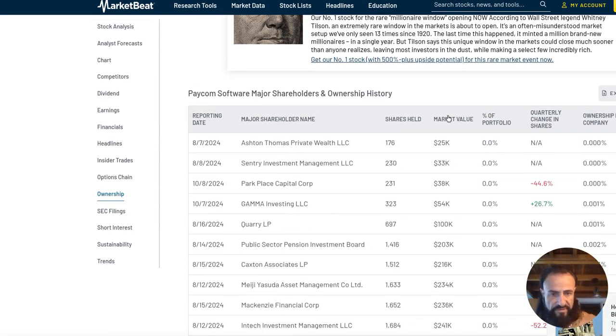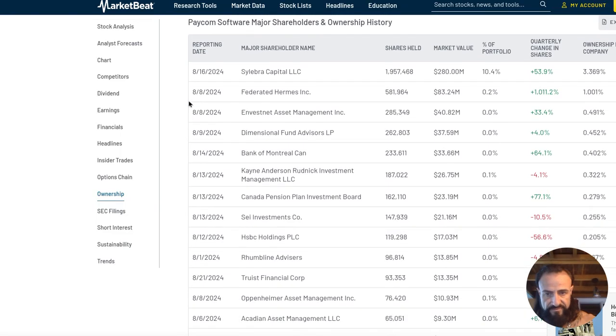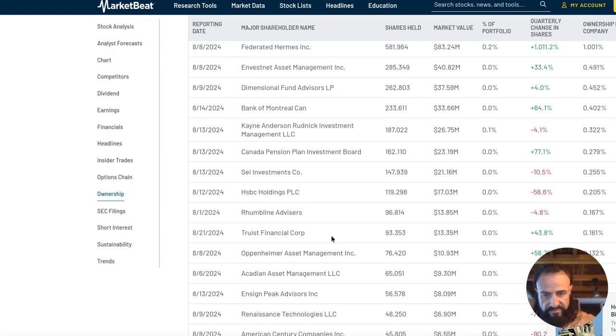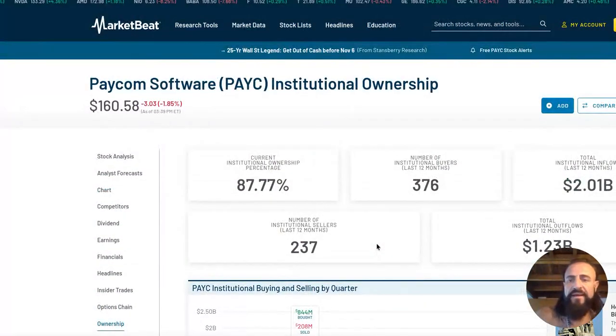Let's see who owns it. Market value. Dimensional, Bank of Montreal, HSBC, Truist, that used to be BB&T. I think they merged with the other bank in Florida. Renaissance Technologies again.